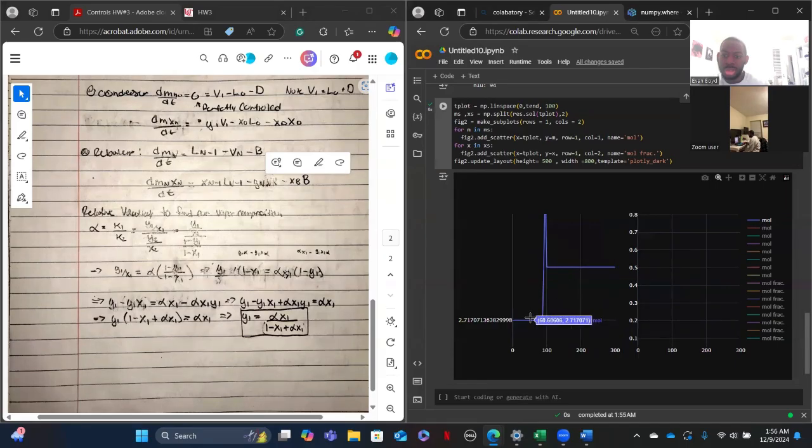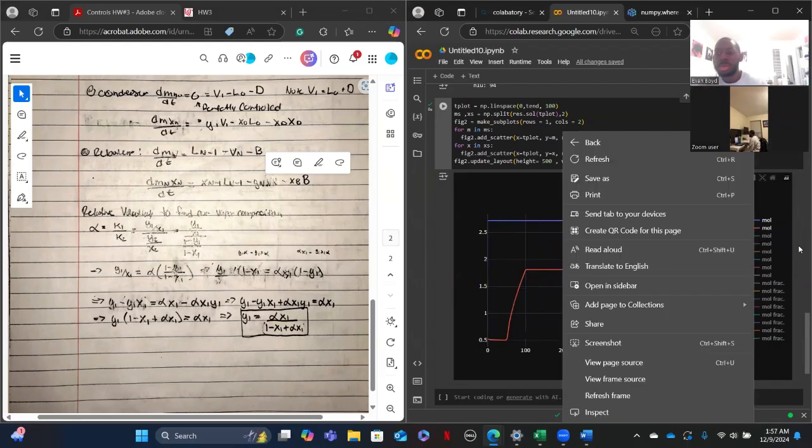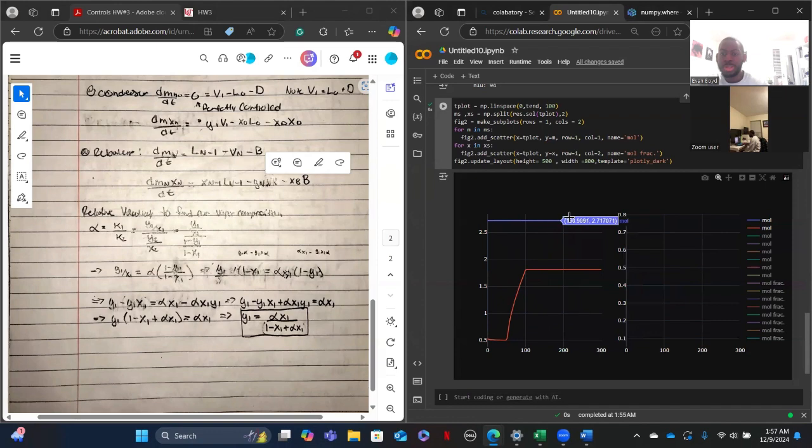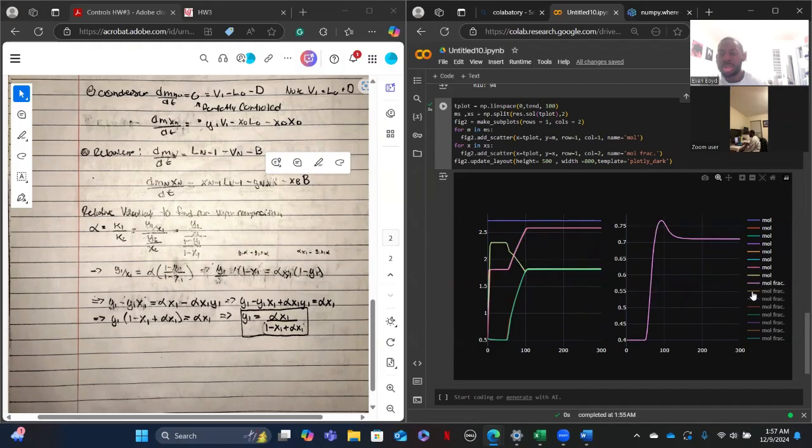As you see, it stays at 2.7. Even the time, I don't know why it's just a big spike. But as you see, we go to our next mole value, which is relatively constant, which we want. And then we see over time the moles in our distillation column, and then we get to our mole fraction. The mole fraction steadily decreases over time.